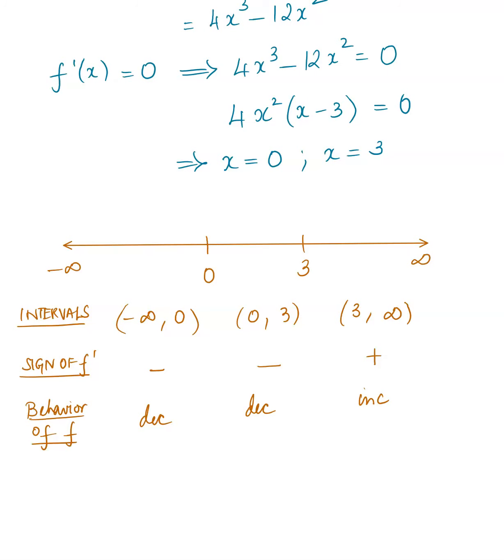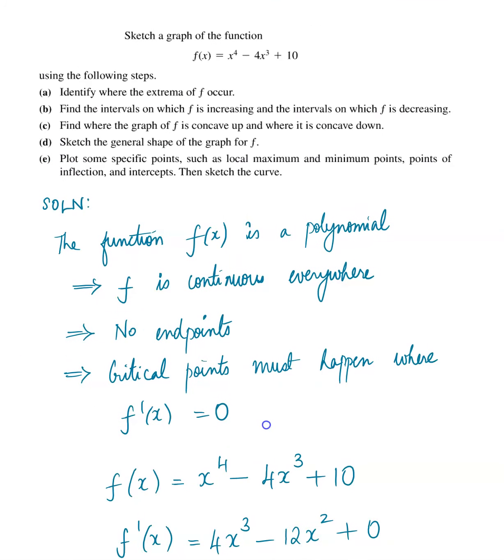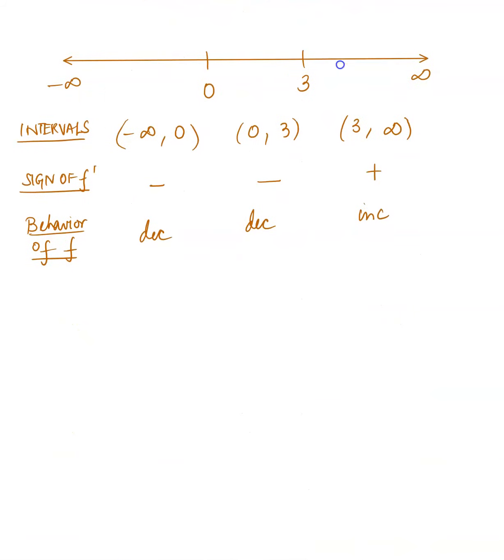I guess we have enough details to answer part A and part B, because of the extrema and increasing, decreasing. For extrema, we will use the first derivative test. The only place where the sign of the first derivative changes is at 3, from negative to positive.